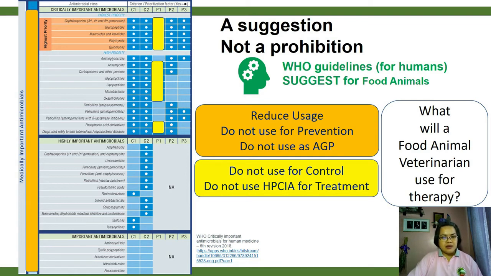As these are the bulk of available antibiotics commercially, what then can be a food animal veterinarian's use? Which also leads us to a question. If there is an antibiotic not on this list, so it is only for animal use, can it now be used for antibiotic growth promotion? Those are indeed things that we want to ask our regulators.